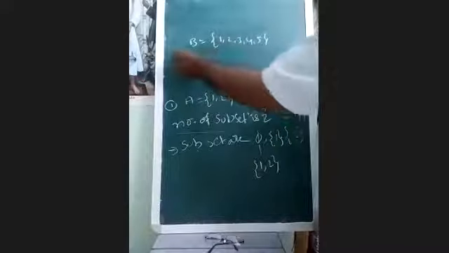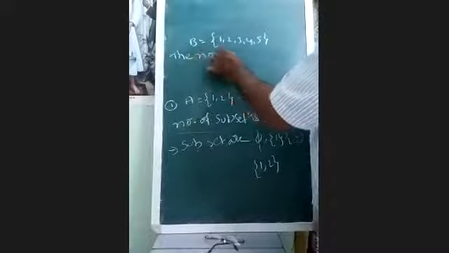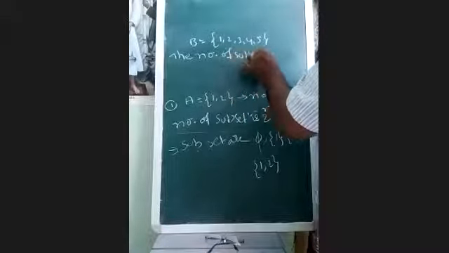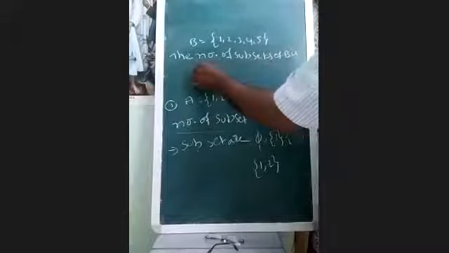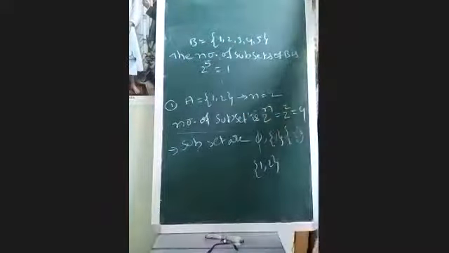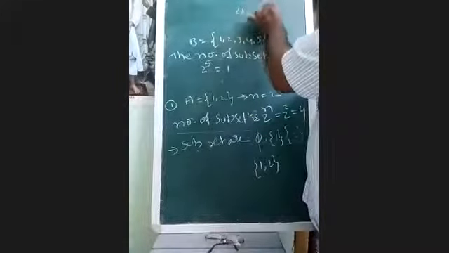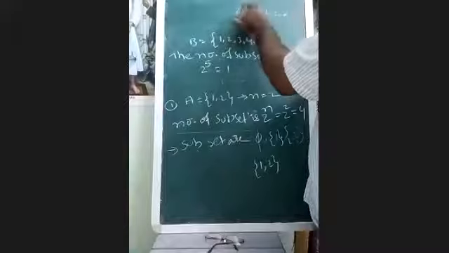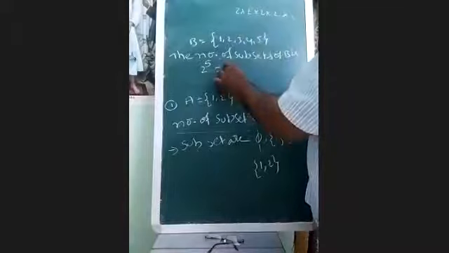Then find the number of subsets of B. The number of subsets of B is 2 power 5. 2 power 5 means you multiply 2 five times: 2 into 2 into 2 into 2 into 2. 2 twos are 4, 4 twos are 8, 8 twos are 16, 16 twos are 32.